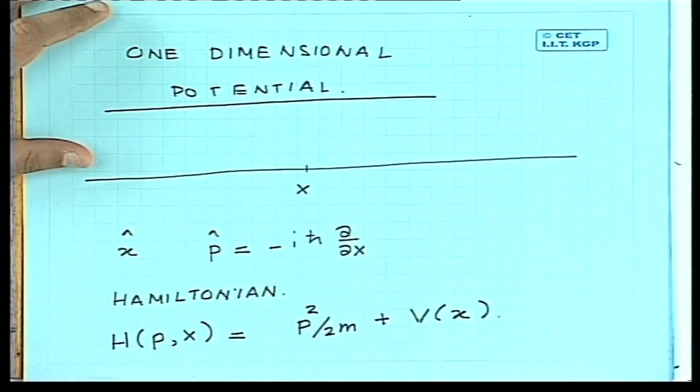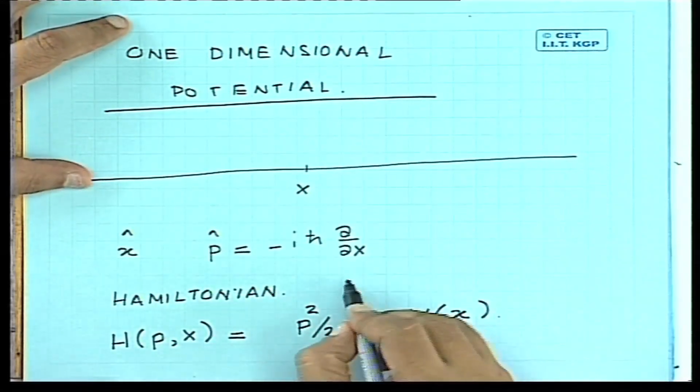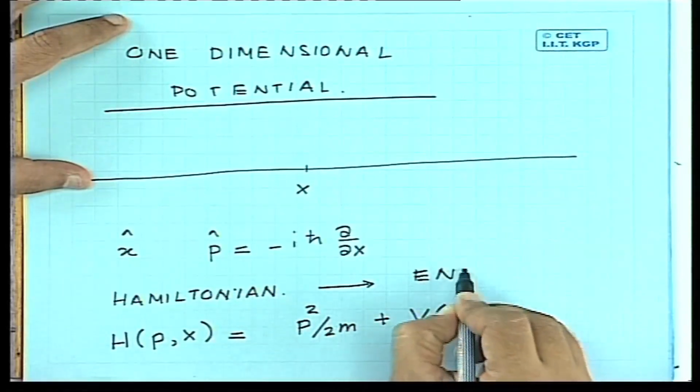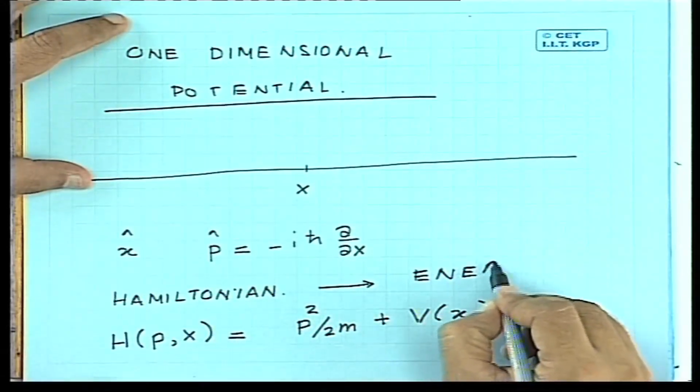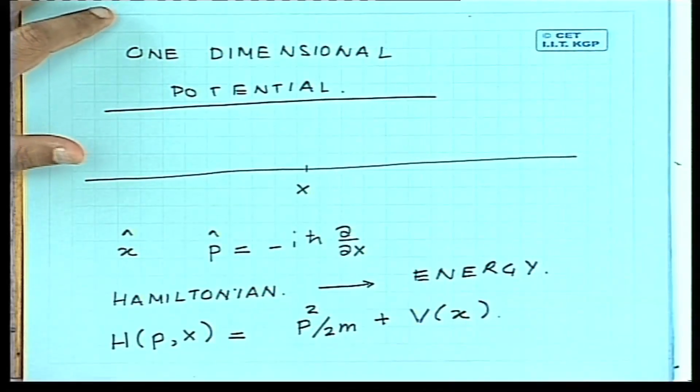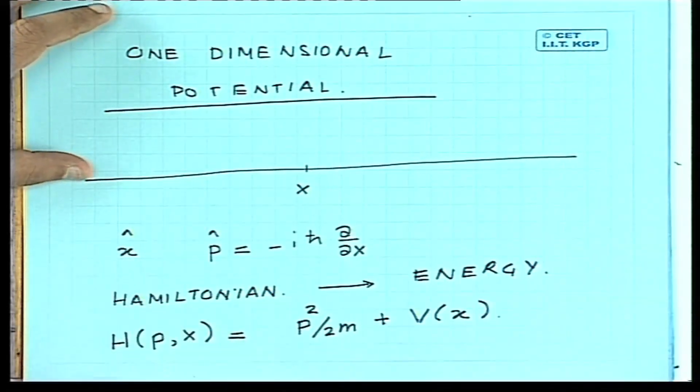For systems which are time independent, where the potential does not depend on time, the Hamiltonian also corresponds to the energy of the system. You can see here, it is the kinetic energy plus the potential energy.